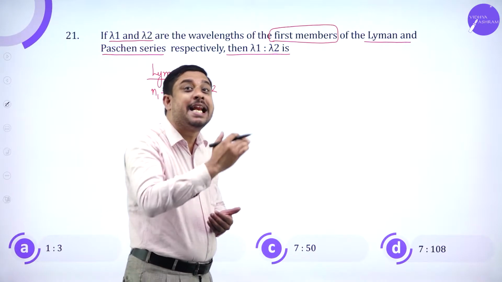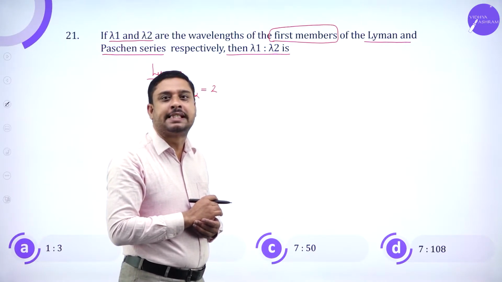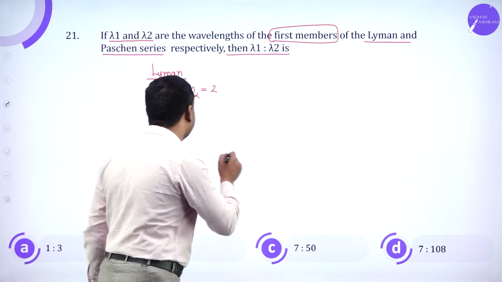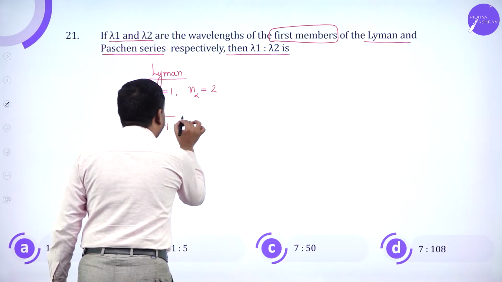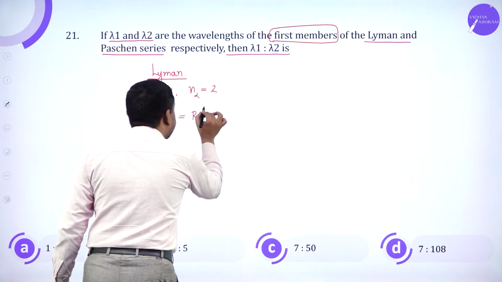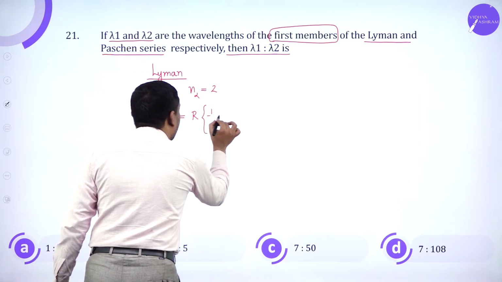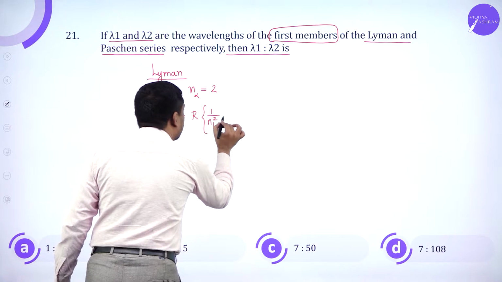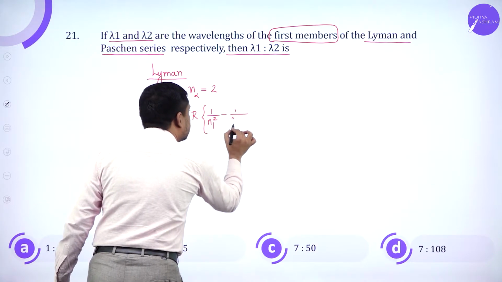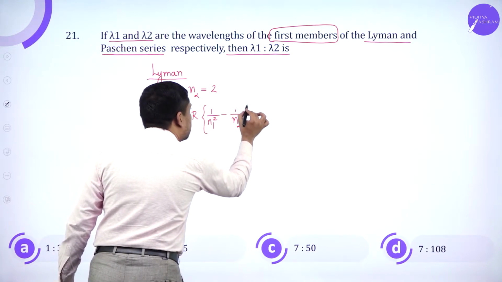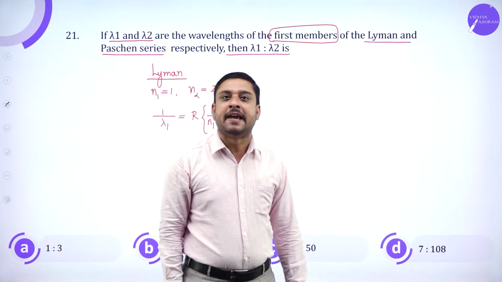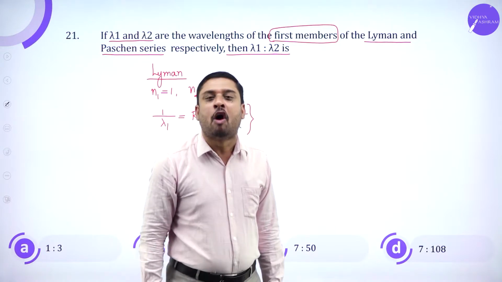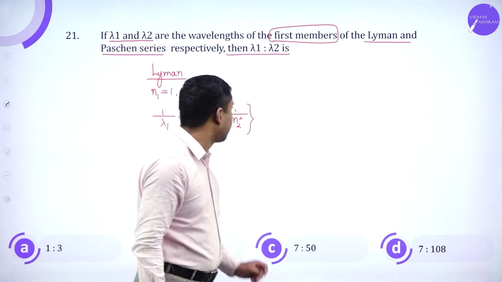How do I relate this using wavelength? So we know 1 by lambda is R times 1 by N1 square minus 1 by N2 square, the expression for the wave number of spectral lines.